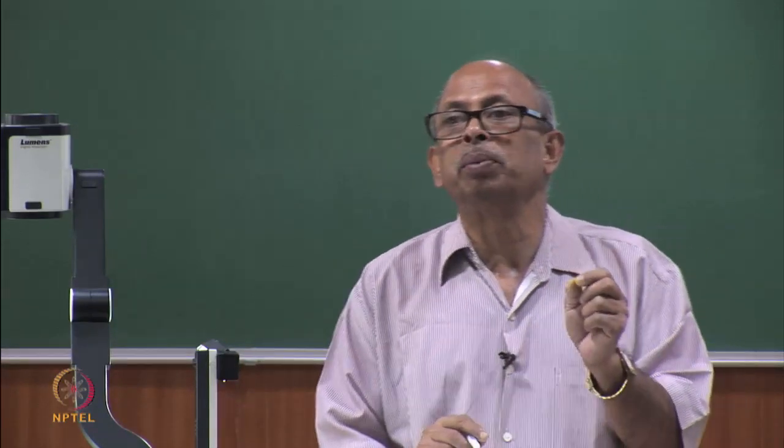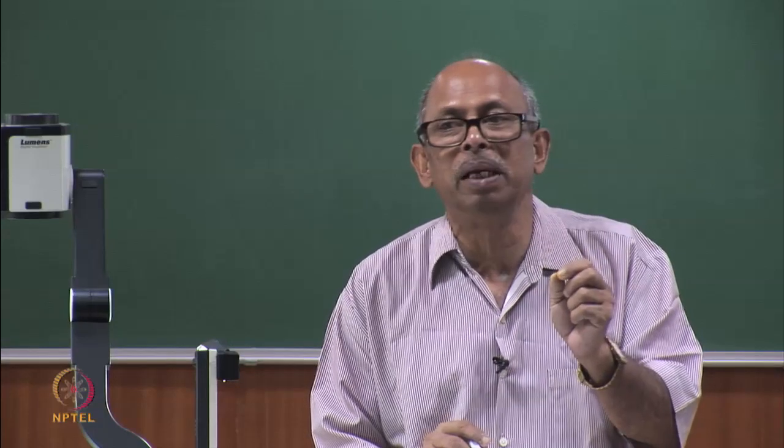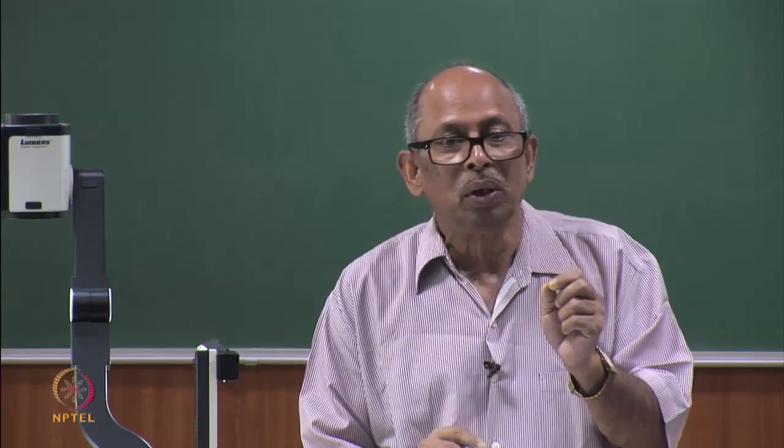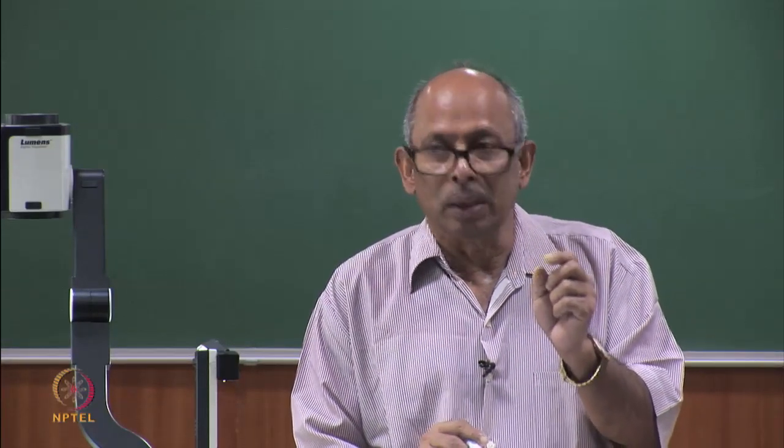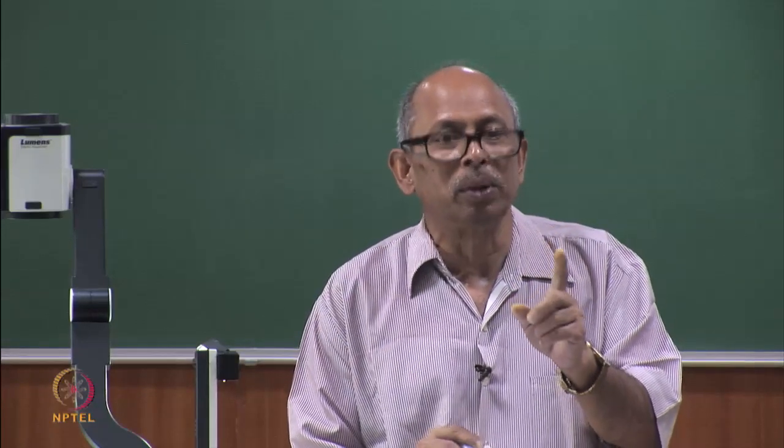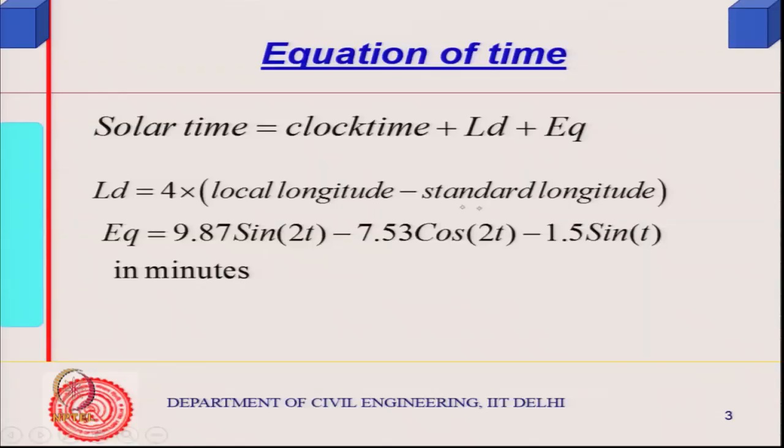So, 1 degree corresponds to how much? 1 hour, 60 minutes corresponds to 15 degree, so 1 degree will correspond to 4 minutes. Therefore, local longitude minus standard longitude times 4 minutes, because for 1 degree it is 4 minutes.